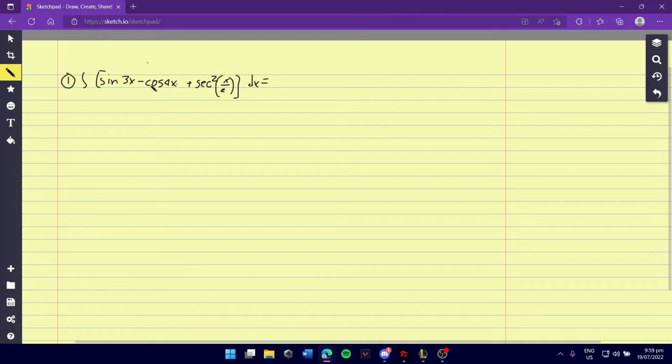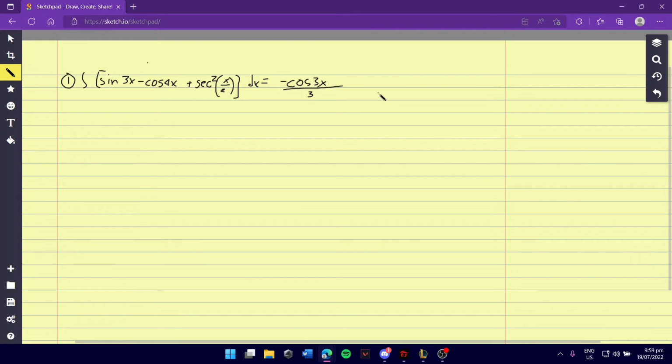So the integral of sine is simply negative cosine. This is 3x, so it will become negative cosine 3x divided by our constant, which is 3.